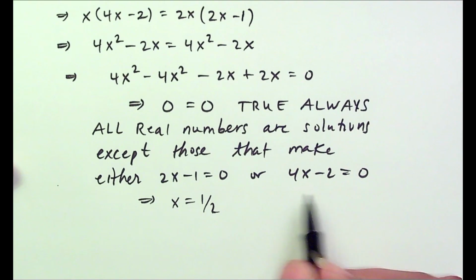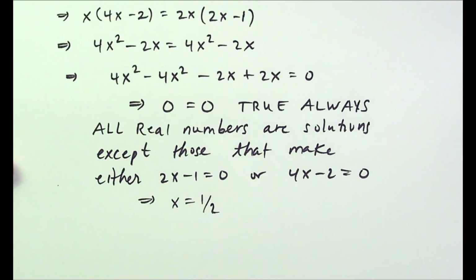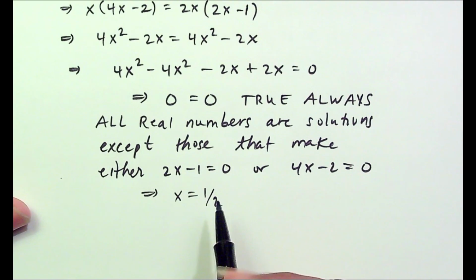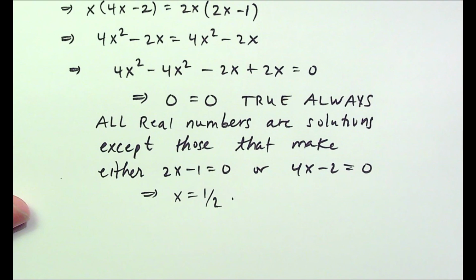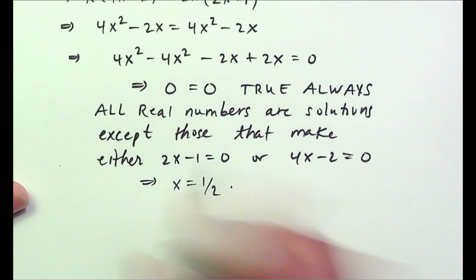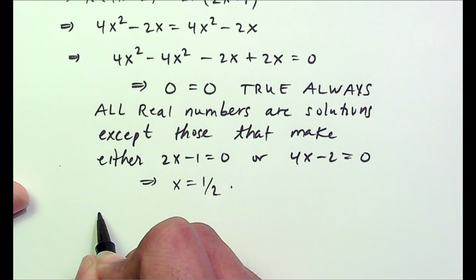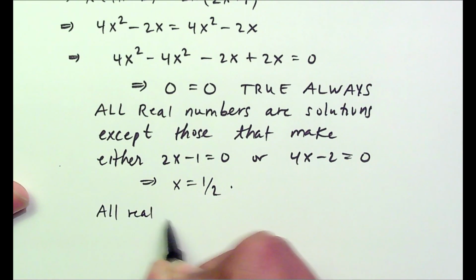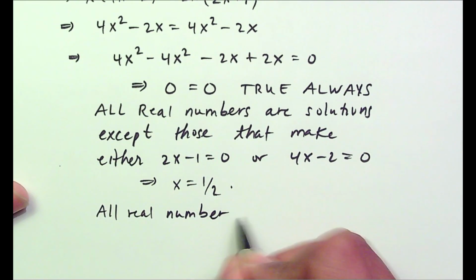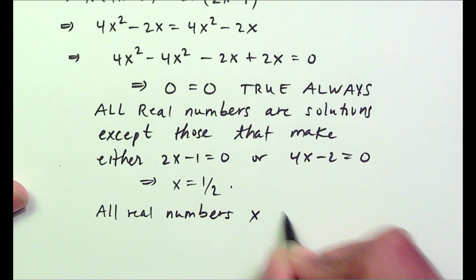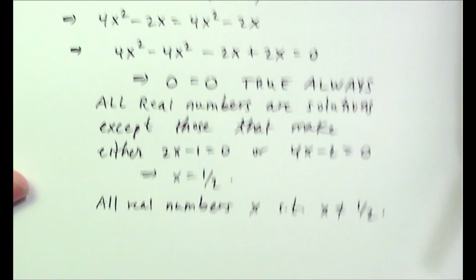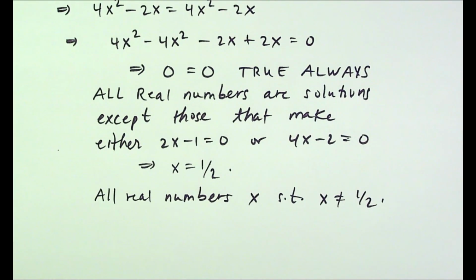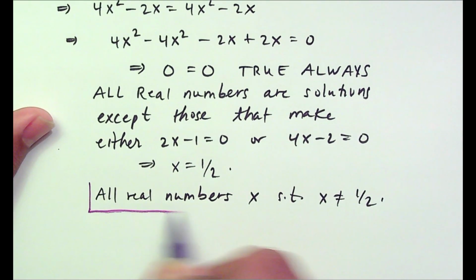If you solve that one, you get a half. So that means all real numbers except this one. So all real numbers x such that x is not a half. That's the solution, right? All real numbers that are different from a half.